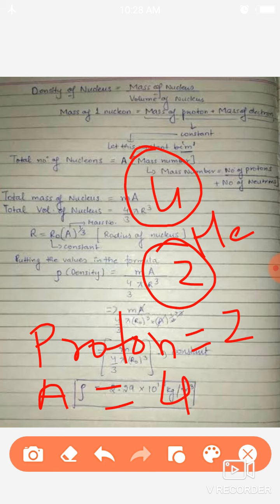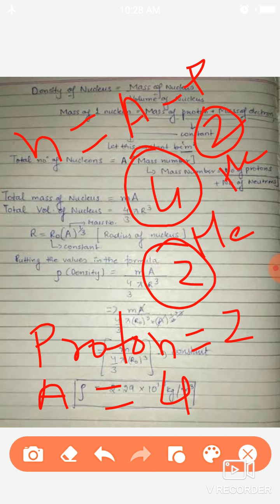If I would like to say what is the number of neutrons in helium atom, then as we know neutron equals mass minus proton, here we can say in this atom helium we have 2 neutrons.